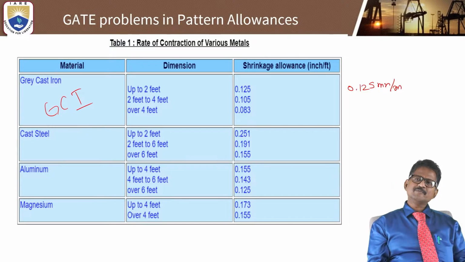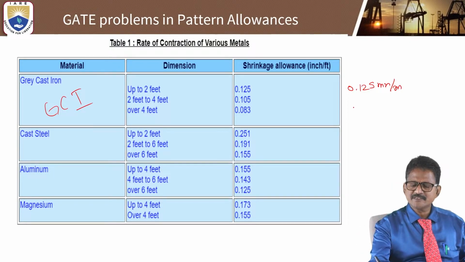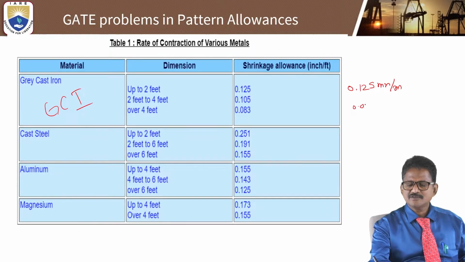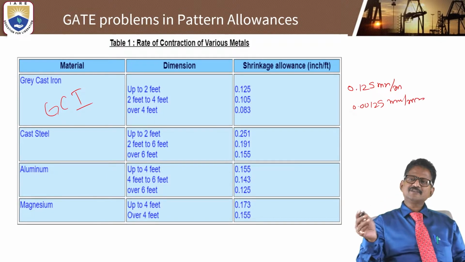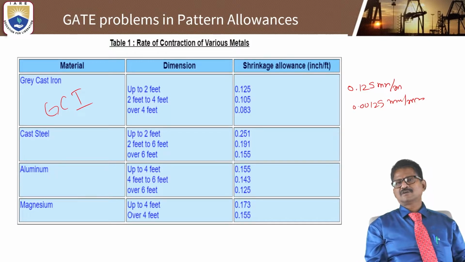Again, for mm you have to divide, so 0.00125 mm per mm. Like that, whenever you want the same type of units, you are able to do it.